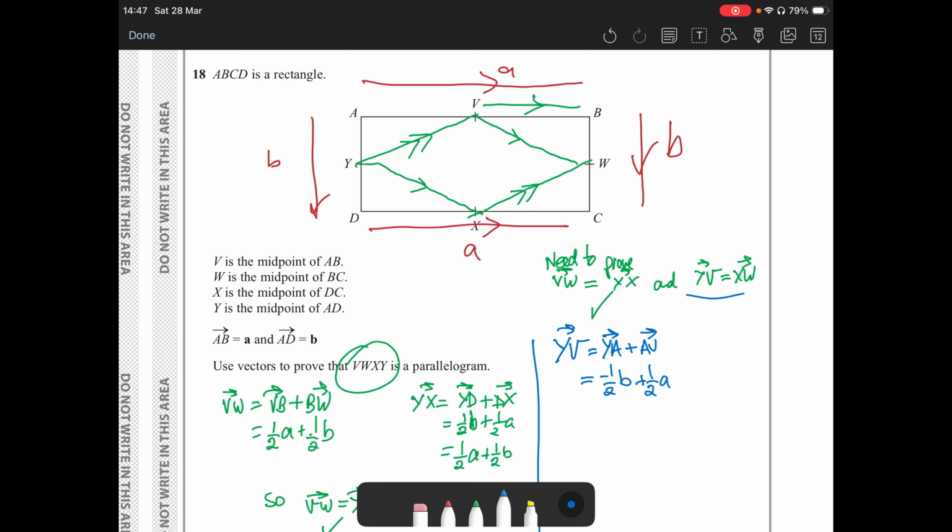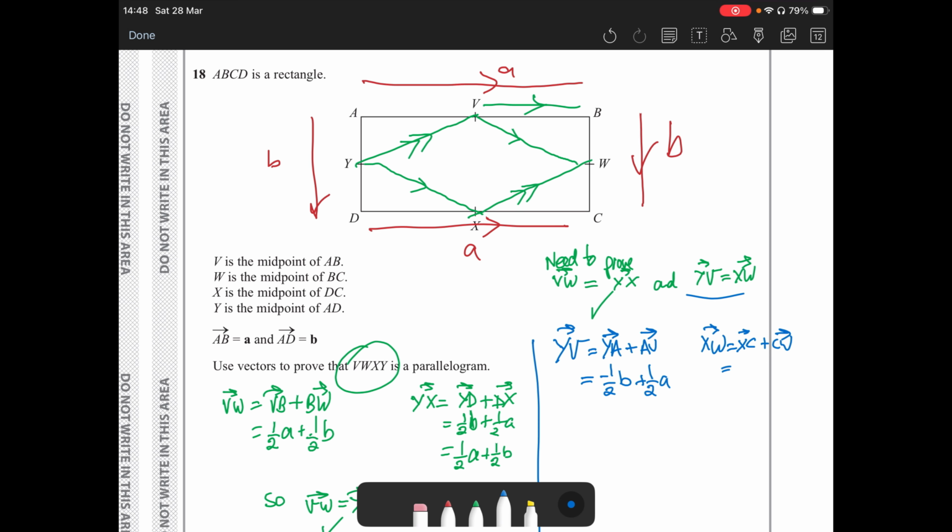And we are now going to do the same thing with XW. I keep skipping the first step. XW is XC plus CW.